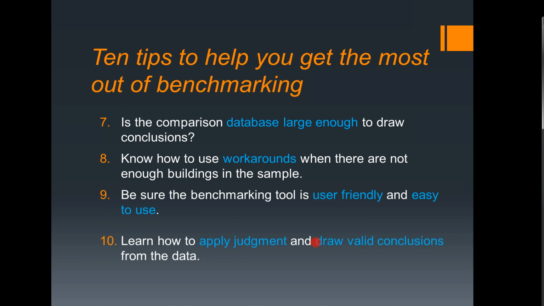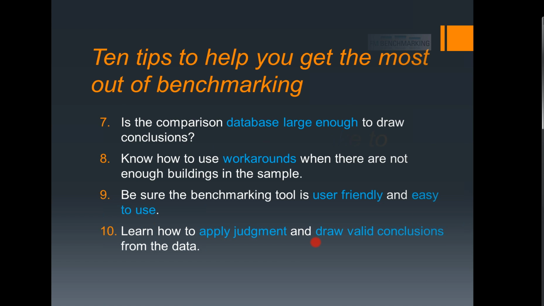Same thing when you're looking at maintenance cost. Look for other buildings who have electrician rates, cost per hour for an electrician, to be similar. And that way, if you don't have a ton of buildings in your city, you've got workarounds to give you enough buildings for your comparison.